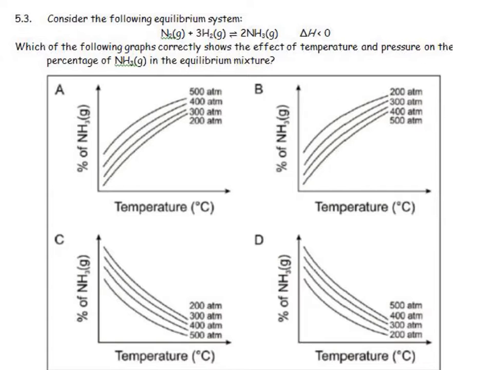And lastly, this reaction over here, it tells you that it is an exothermic reaction. And I have got the effect of temperature and pressure on how much of this ammonia I have got.